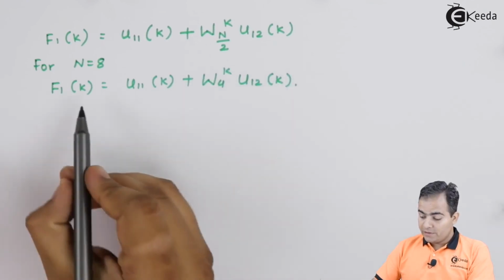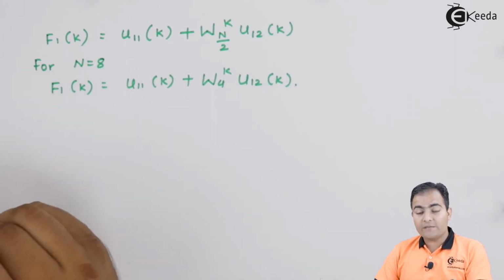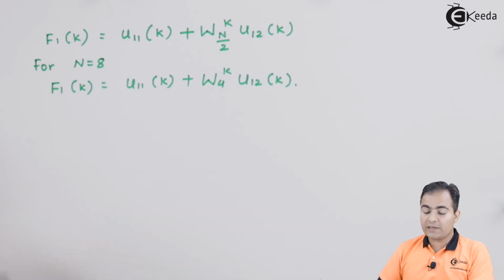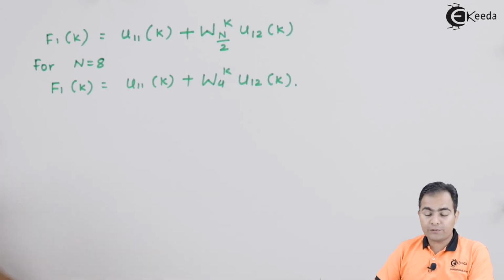Now here also we are going to add the delay. So the delay is added in k, which is not n by 2 but n by 4, because n by 2 was for the first half section. Here again we have divided the samples into two parts, so the delay will be n by 4. But first of all, we'll write the equation for f2 of k.